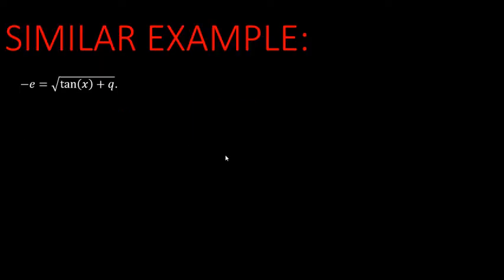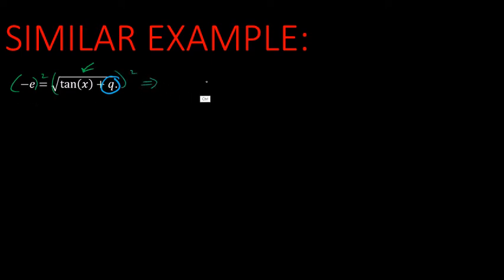Let's look at a similar example. So once again, this is not what we were just looking at. It's a similar example. Once again, I'm going to try to figure out how to isolate q. So I noticed that the first thing standing in my way is this radical symbol. I can't do anything until I get rid of it. So I'm going to square both sides of my equation.